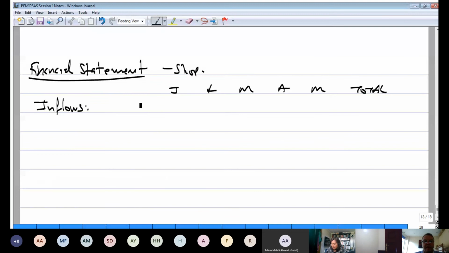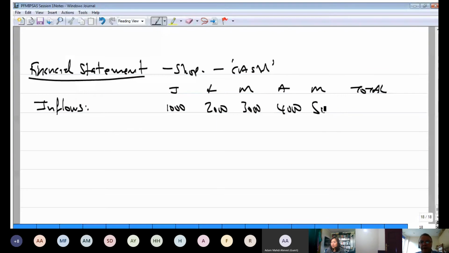So the inflows are 1,000, remember, on a cash basis, 2,000, 3,000, 4,000, 5,000. So we've got 5 and 4 is 9, 10, 11, 12, 13, 14, 15,000 worth of income.